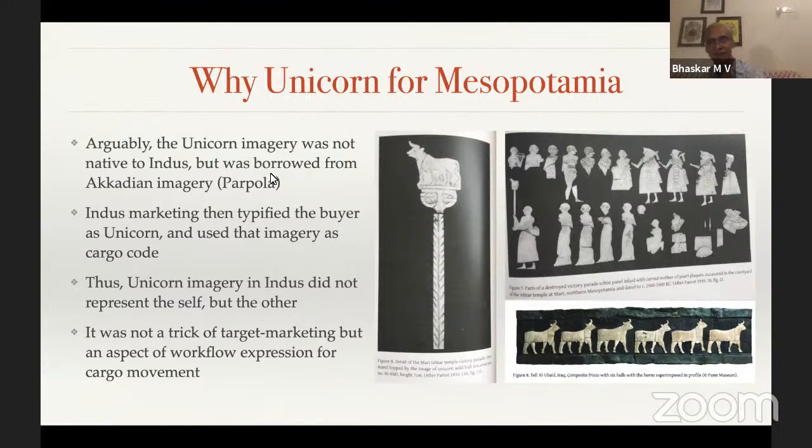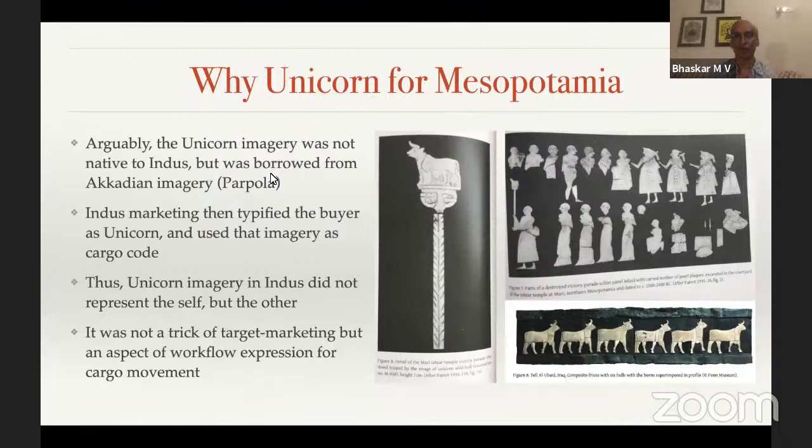That is what I propose. But what does this mean? It also means that the unicorn has been sought to be studied as something that represents Indus, as a self, as a symbol of the self.